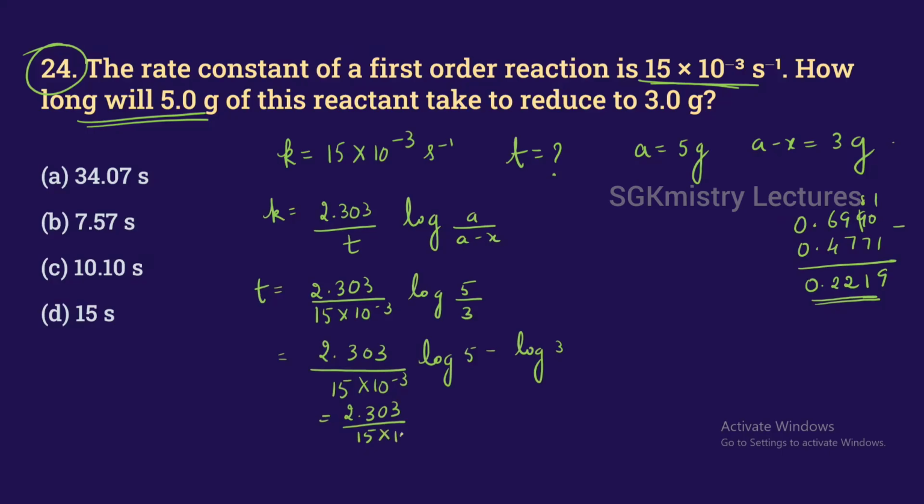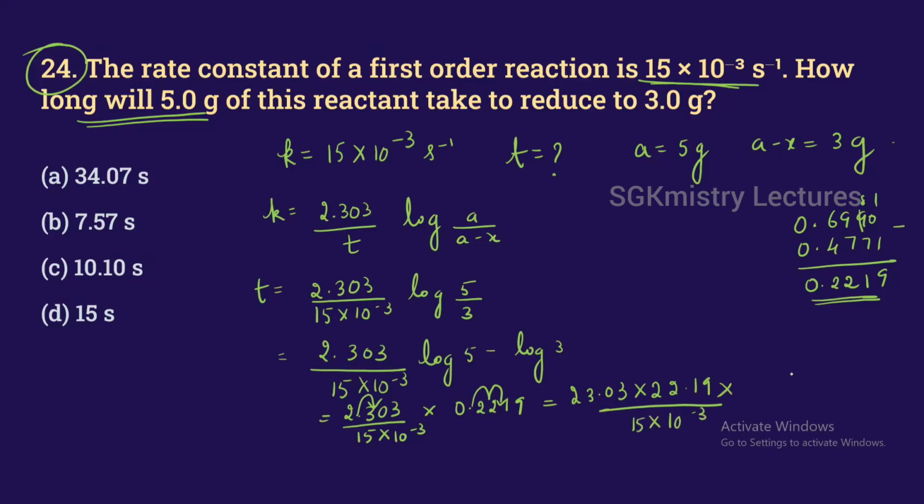2.303 by 15 into 10 to the power of minus 3 into 0.2219. Now I can also shift the points so that it will be much easier for me. Let me shift the 2 points here so that I have 23.03 into 22.19 divided by 15 into 10 to the power of minus 3.